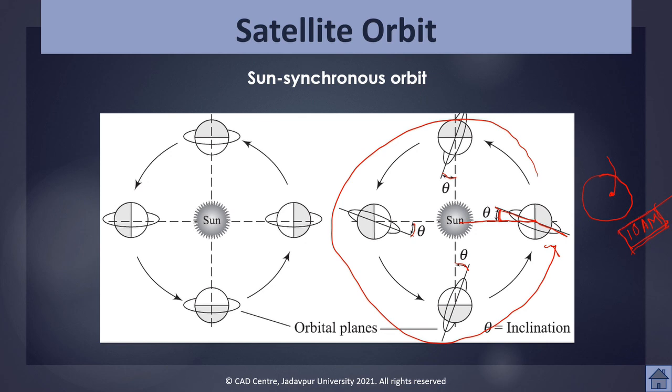Then what will be the benefit of this constant local sun time? It will maintain at least similar illumination from the sun. I mean, incoming energy will be almost constant. But as you know, it is not really constant throughout the year.